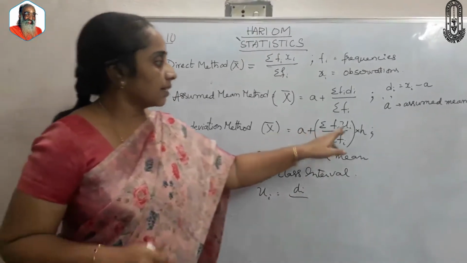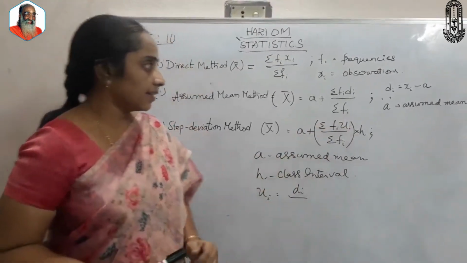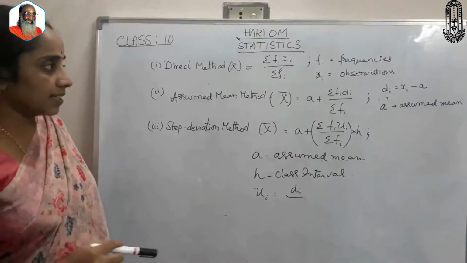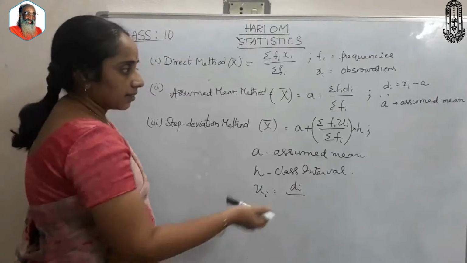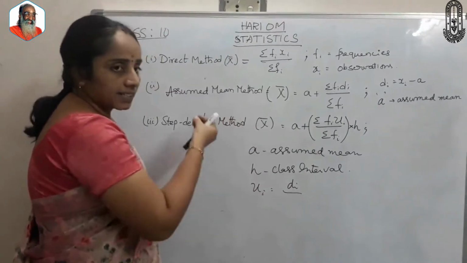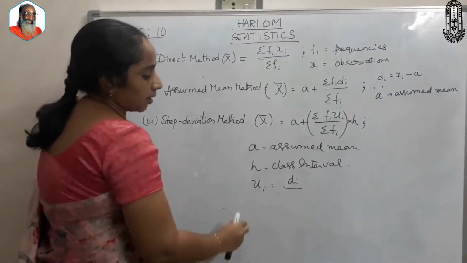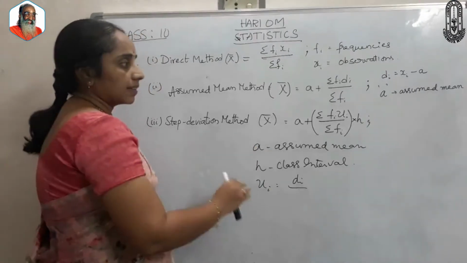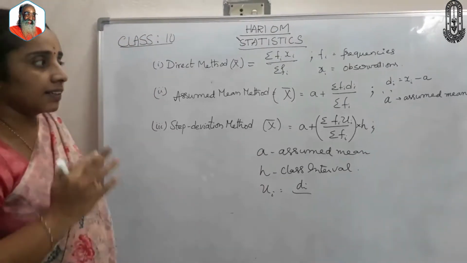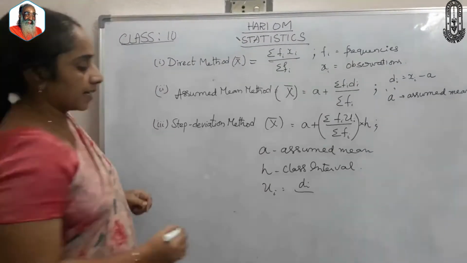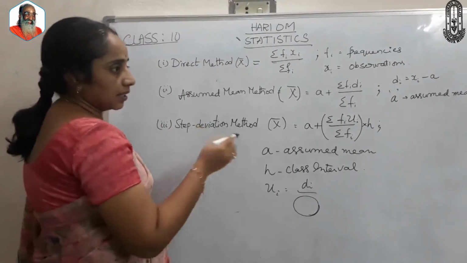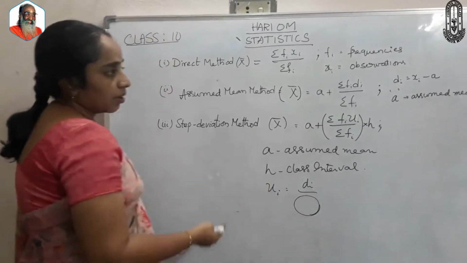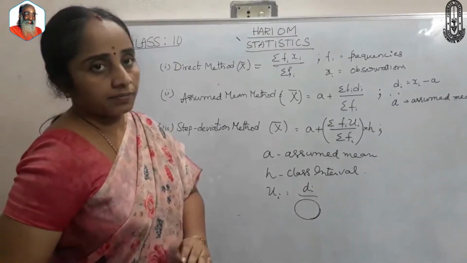Coming to ui, here ui means di by either a common divisor in that column, or else the length of the class interval. Why are we taking this? To reduce the ui values from larger to smaller.